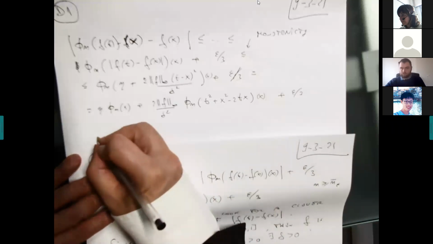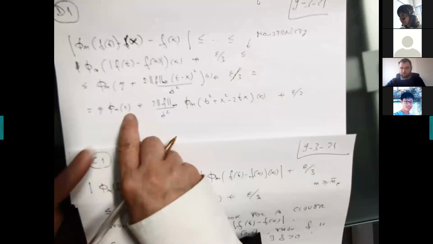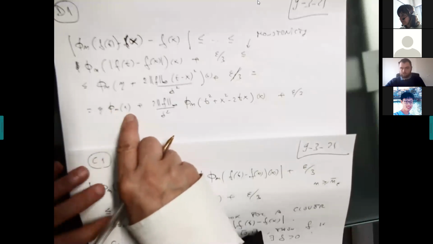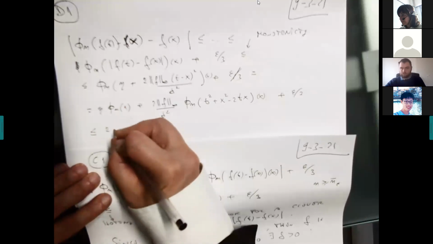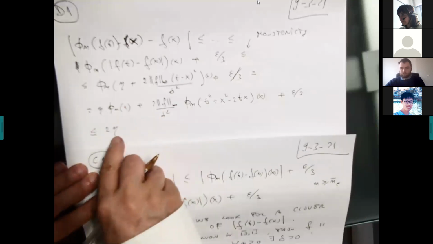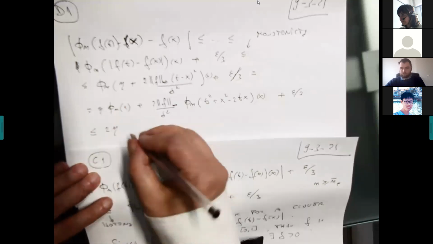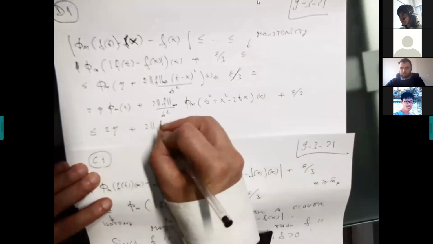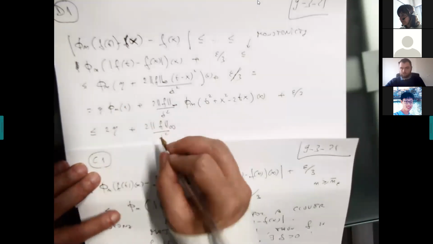Okay? Now this is phi n of 1, but phi n of 1 is a test function, converges to 1. So this can be bounded by 2 times epsilon. Remember that epsilon, I can choose it as small as I want. Plus 2 infinity norm of f divided by delta square.